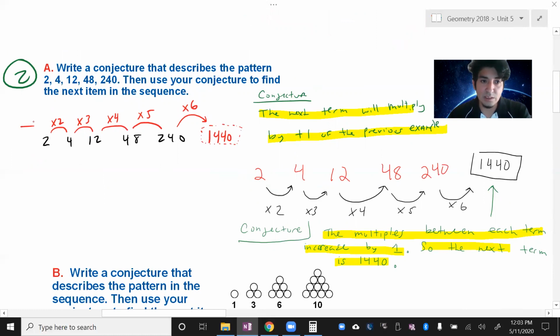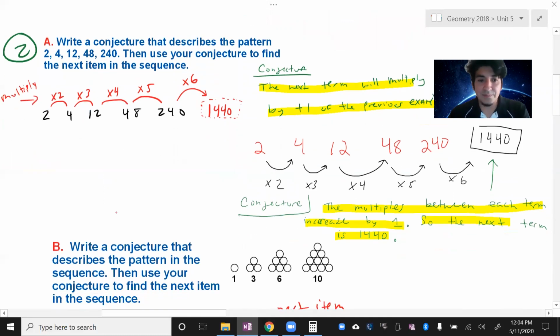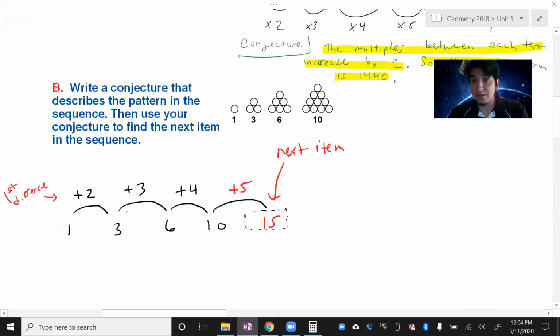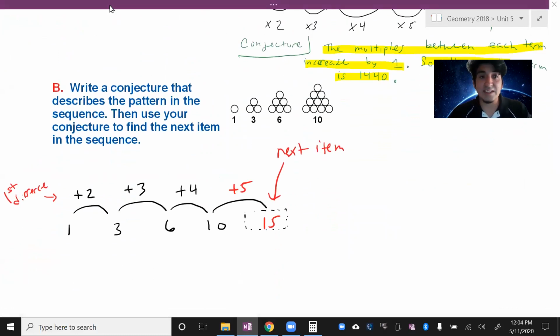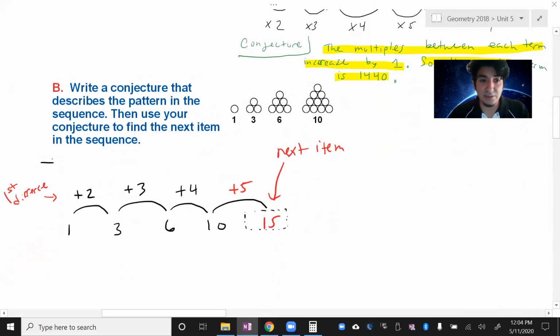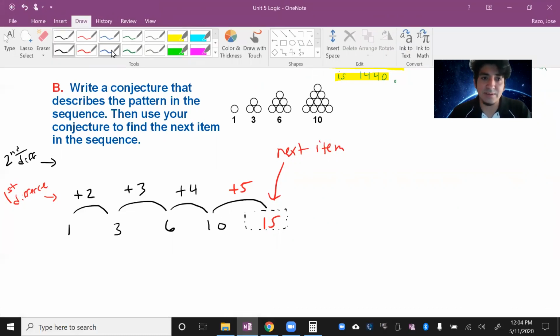So always understand these are going to be different. Now, that's considered the first difference. If you're trying to look for the second difference, you can do that too.